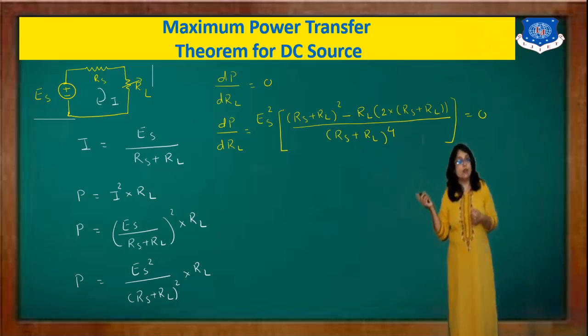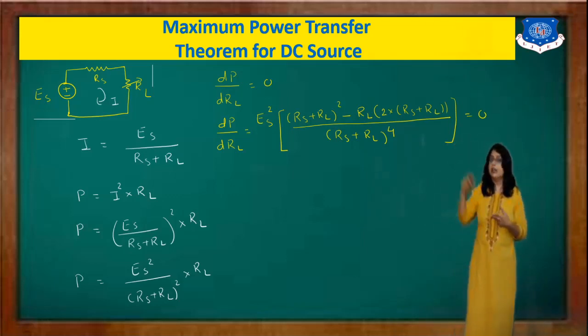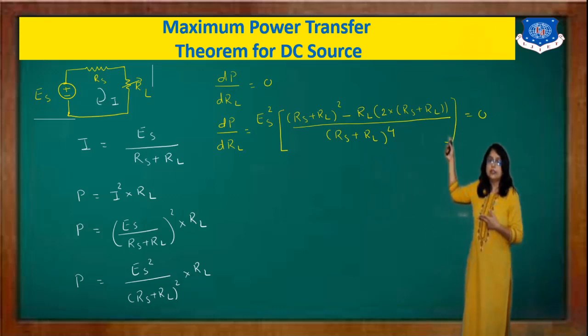And we have to equate this dP by dRL with 0.